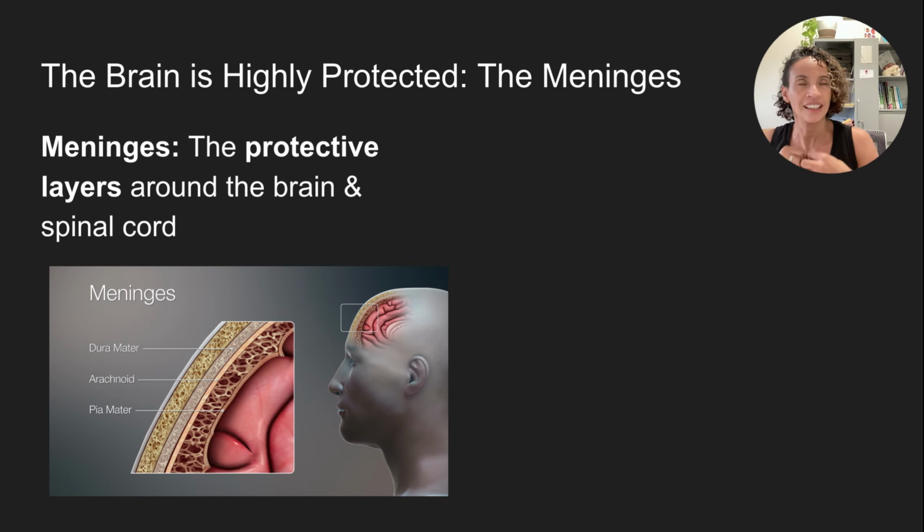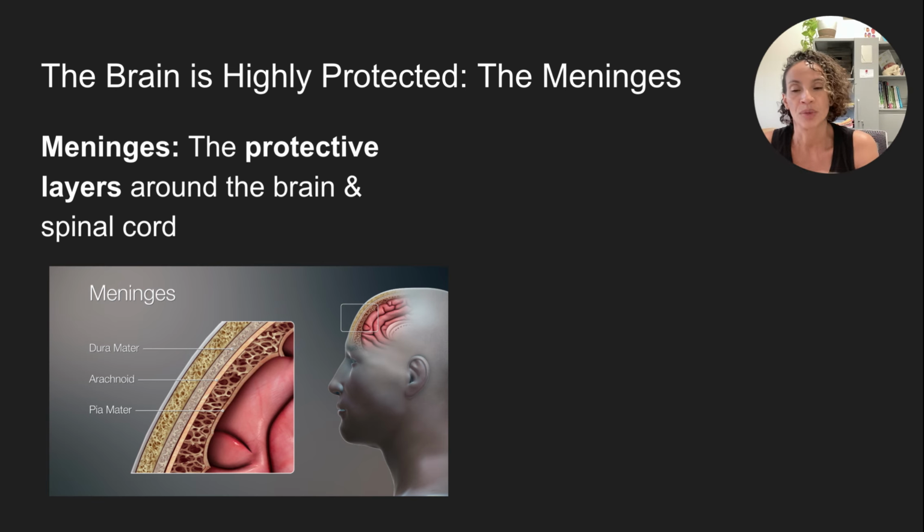Another way to highlight how the nervous system is beautifully designed, it is highly protected by many things, including the thick bone of your skull, one of the thickest in your body, many immune functions, including microglia that protect your central nervous system.